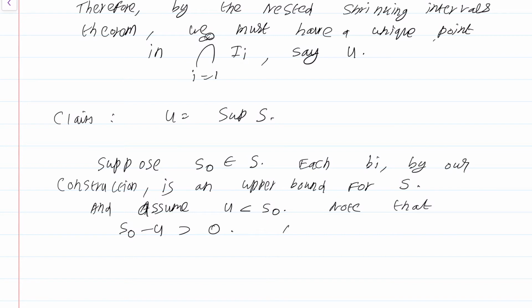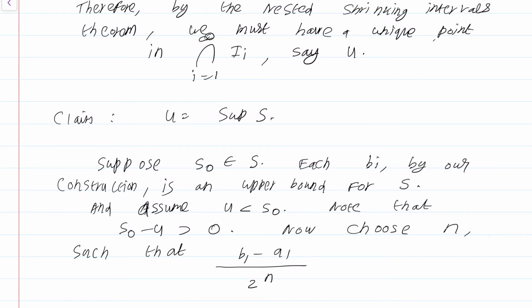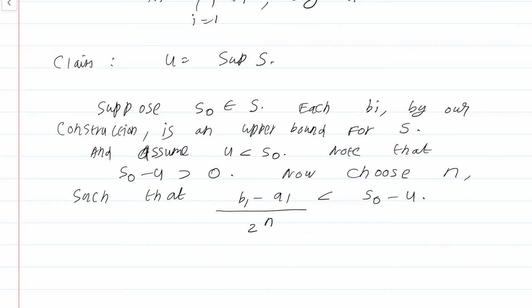Now choose N such that (B1 minus A1) by 2 power N is less than S0 minus U. Again, note that to choose such an N, you have to use the Archimedean property.